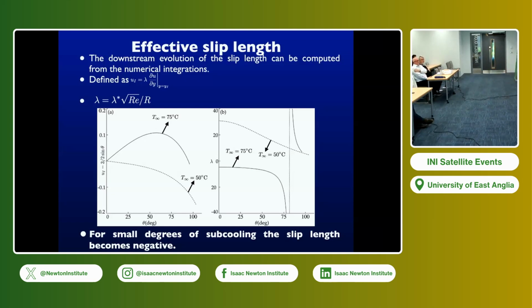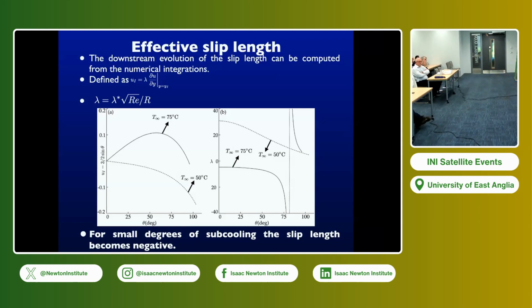For the two cases that we consider, I'm showing here in the dashed line the one for the temperature of the liquid at 50 degrees, and the one for the temperature of the liquid at 75 degrees Celsius. What we observe is that for sure the slip length is not constant downstream, and even here, for the case where the degree of cooling is smaller than in the other case, the slip length is negative, meaning that we cannot employ this kind of approximation to describe this kind of flows.